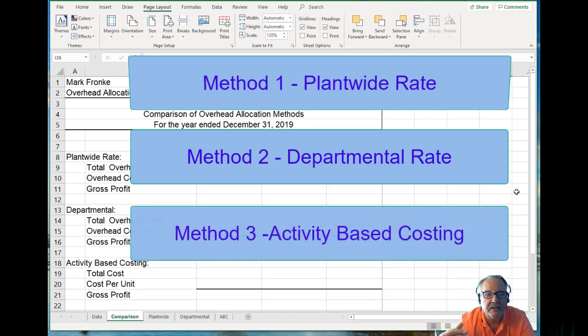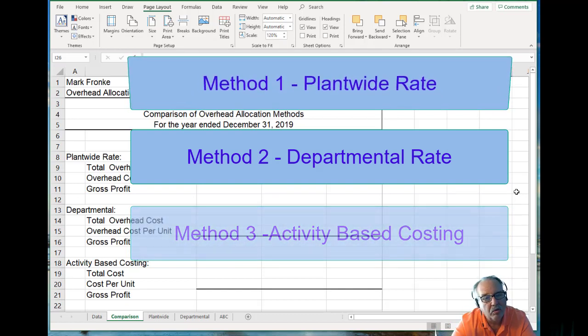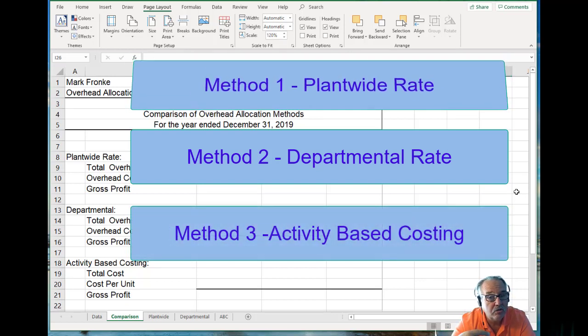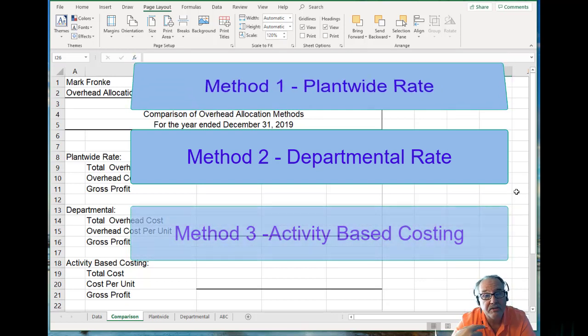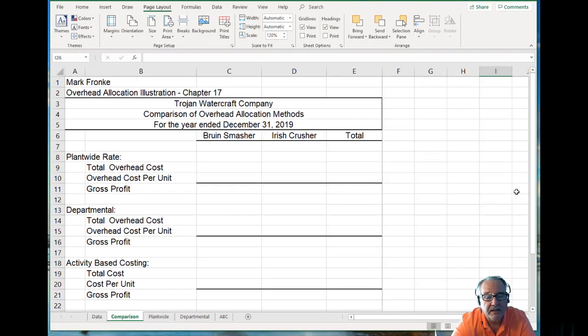The only difference is when we go from plant-wide to departmental, we're going from one calculation to a calculation for each department. In this case, there's going to be 3 departments. But however many departments the company has based on their process, then we would do it that way.